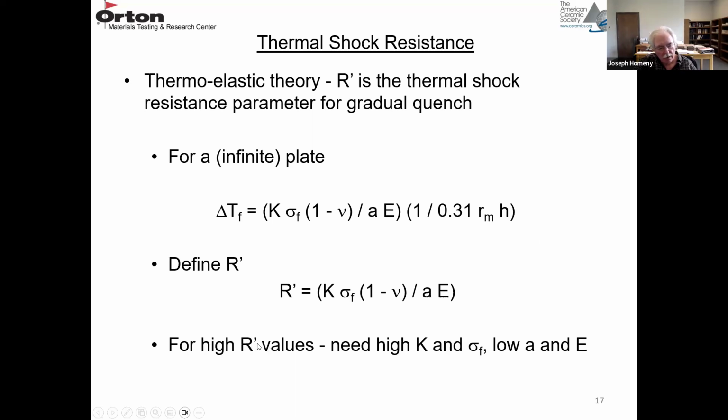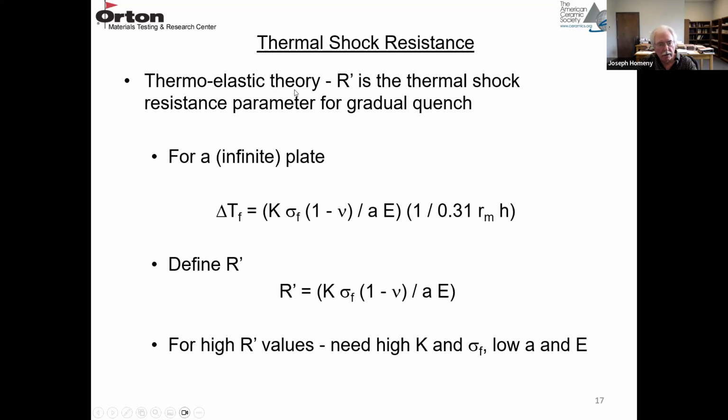So if we want a high R prime value to resist crack initiation and catastrophic failure, we need high conductivity, high strength, low thermal expansion, and low Young's elastic modulus.